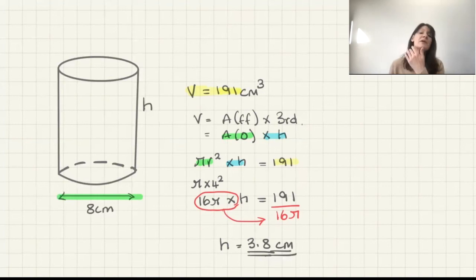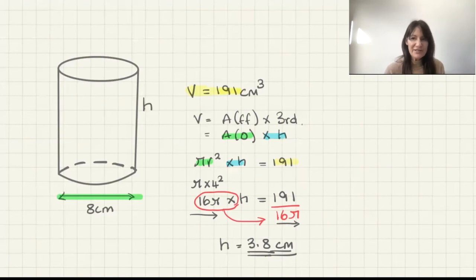Now you might have put 16 pi and got that as an actual number here, which is fine. That same number is what you would divide by. It's still going to work out in the same way. So it is, I mean, it is harder without a shadow of a doubt. It's why it's in grade 5 and not in grade 4 with the rest of the volume and prism work.